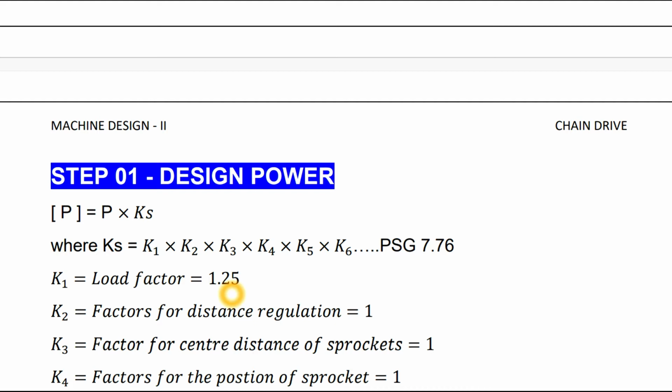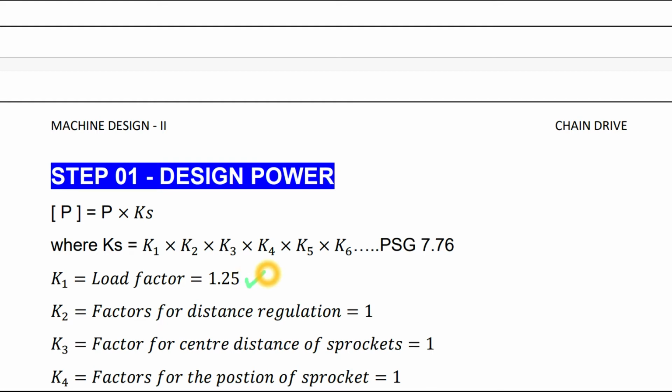At the bottom there is a table of K1, K2, K3 and so on. For K1, the load factor, we select a variable load, or always assume variable load or load with mild shock. For that the value is 1.5.